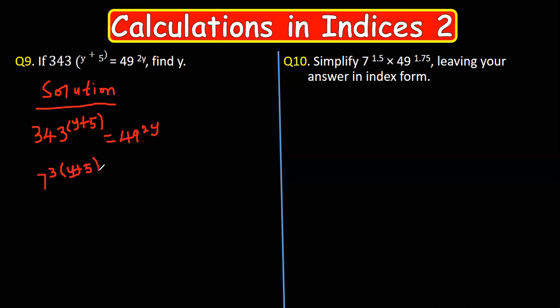So we close the brackets, equal to 7 raised to the power of 2 here. Brackets 2y.